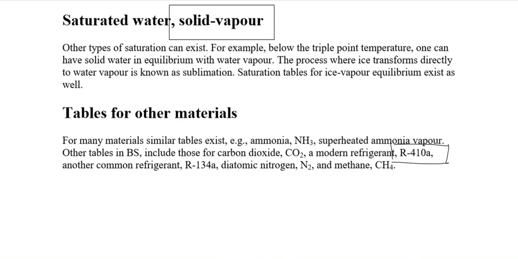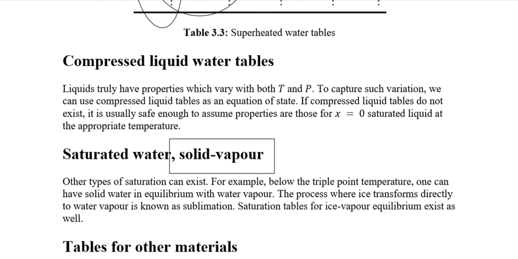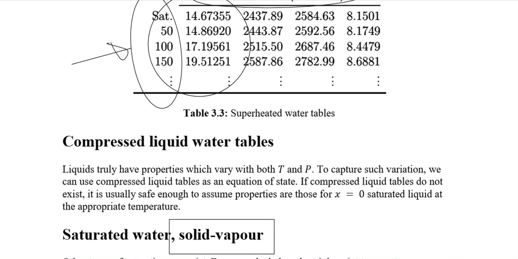But again, I am restricting myself to only water, and we would be talking about ammonia and R134a in our refrigeration and air conditioning courses. So we would be restricting ourselves to either the ideal gas and the steam or the water.